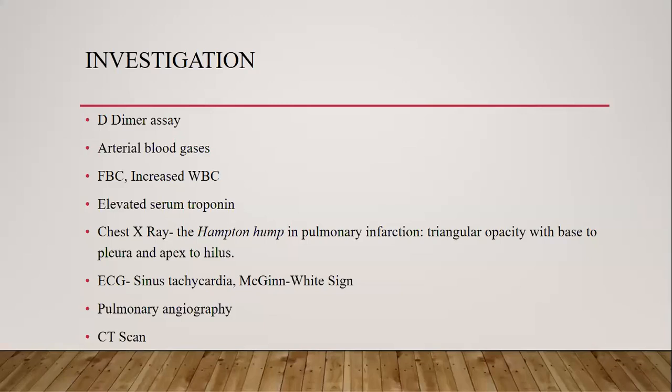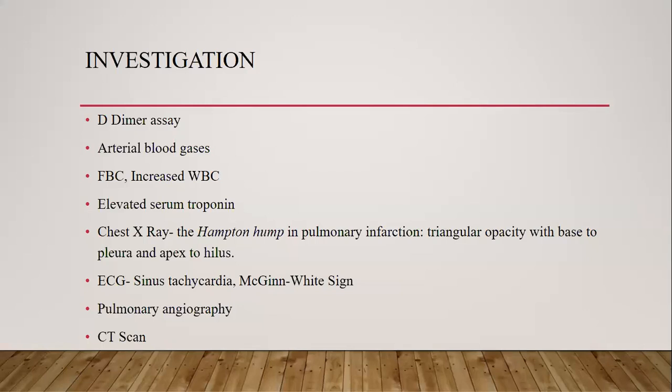All right, so to investigations, we can do a D-dimer. Usually, we take a blood sample for a full blood count. When we take it for a full blood count in PE, we've realized that usually WBCs tend to go up, so we call it leukocytosis in PE. You can take a sample for your D-dimer. D-dimers also tend to go up.